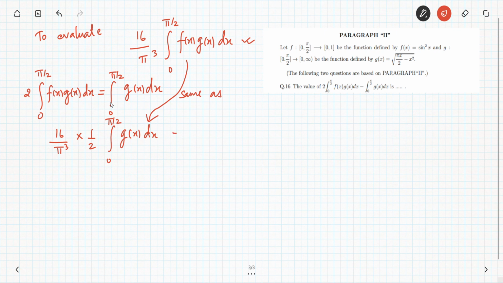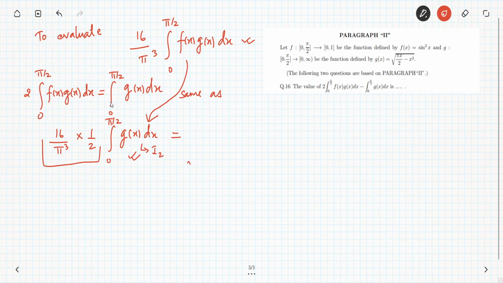So from here what I can say is that I will not be carrying this particular term everywhere. I will be evaluating this, and after that I will be multiplying it with a constant. So if this is I1, let's say, or I2, then how am I going to evaluate I2?